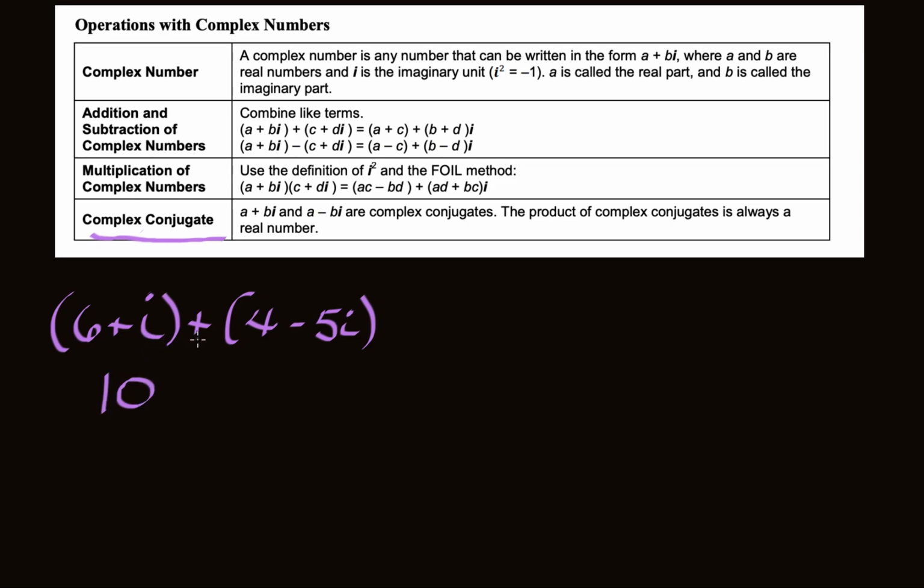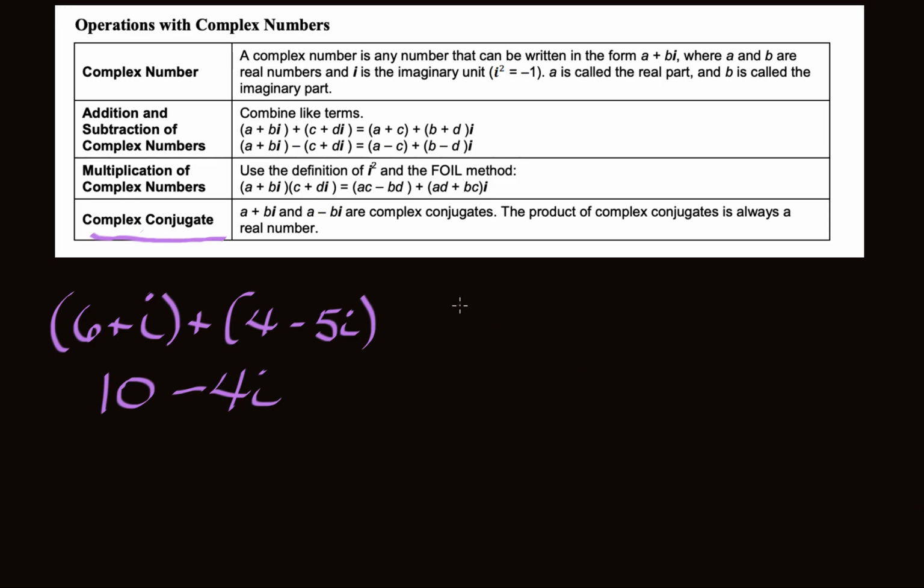And then i plus negative 5i would just be negative 4i. Imagine this was an x for our purposes here in terms of complex numbers. Do it the easy way. Don't do it the way they're showing you in the book, because it's a little bit more complicated than it really needs to be. So let's work on subtraction.